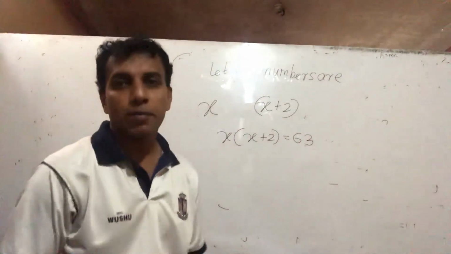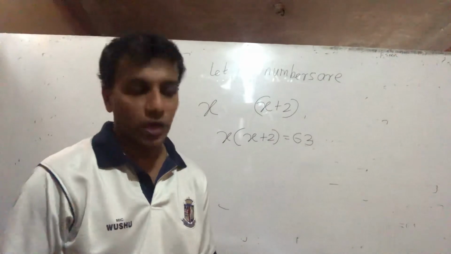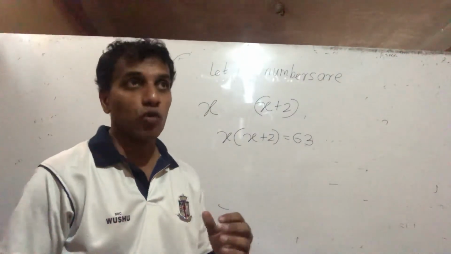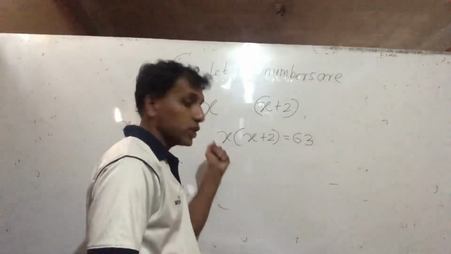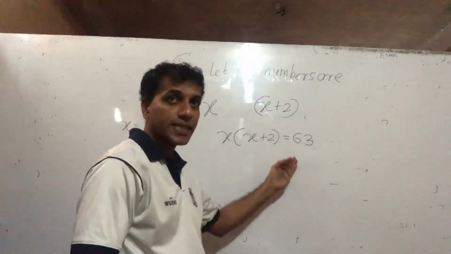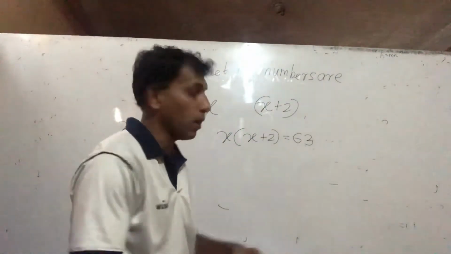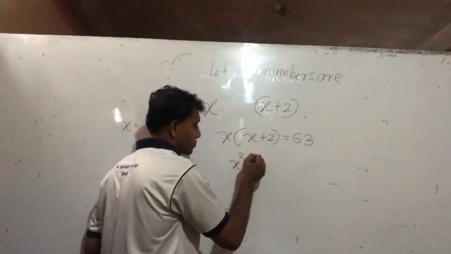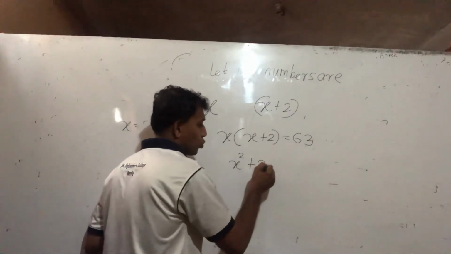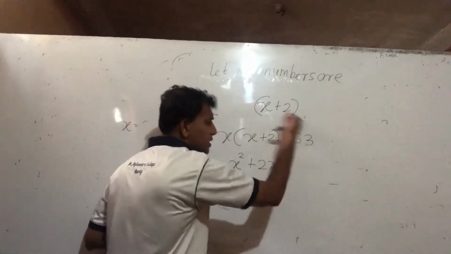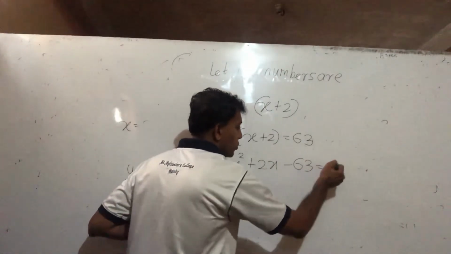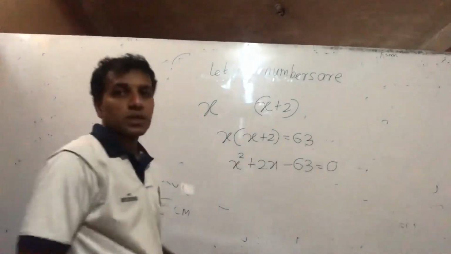So you can build up a quadratic equation that we learned in many problems now. How to solve, how to rearrange: always the general form, ax square plus bx plus c equal to 0. Multiply: x into x is x square, x into 2 is 2x. Take the 63 here, minus 63 equal to 0.